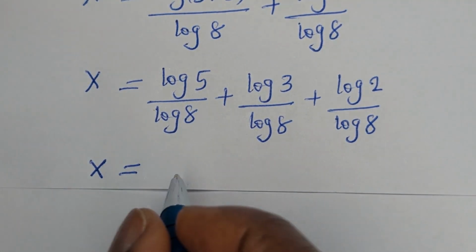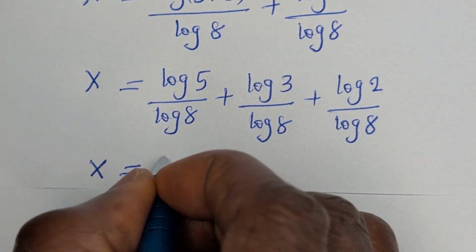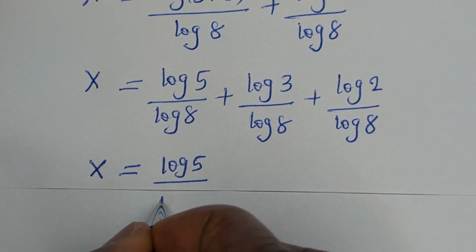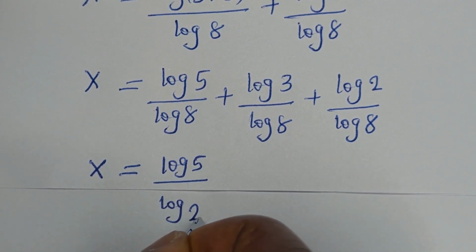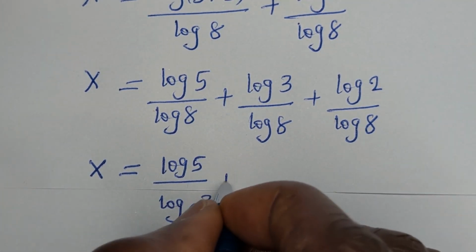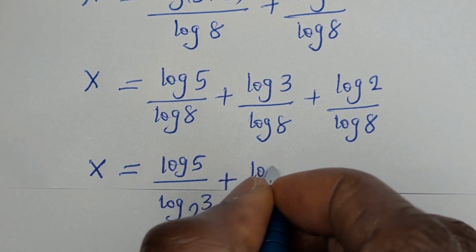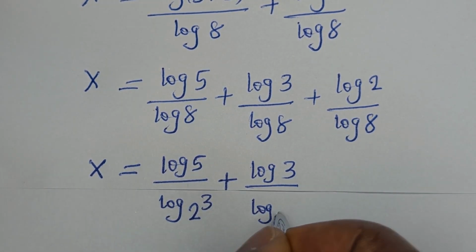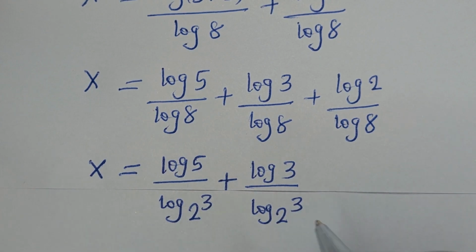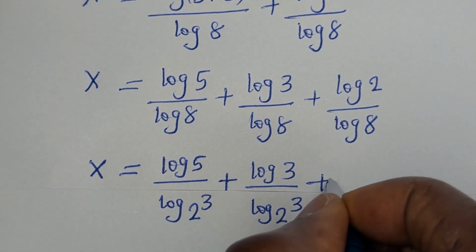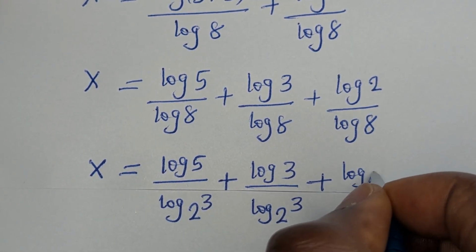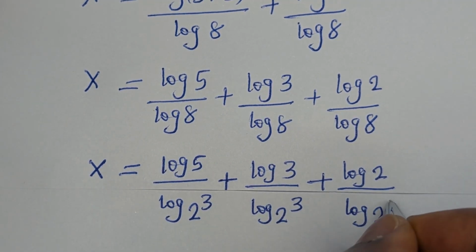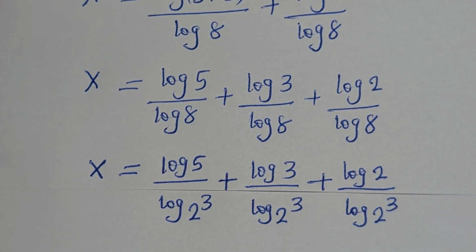S is equal to log 5 divided by log 2 raised to power 3 plus log 3 divided by log 2 raised to power 3 plus log 2 divided by log 2 raised to power 3.